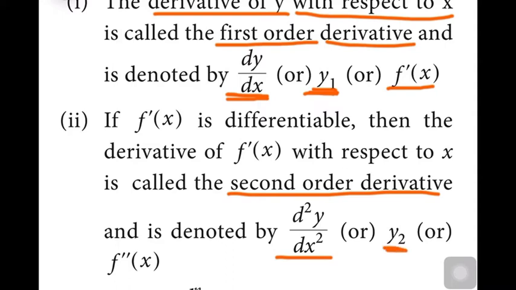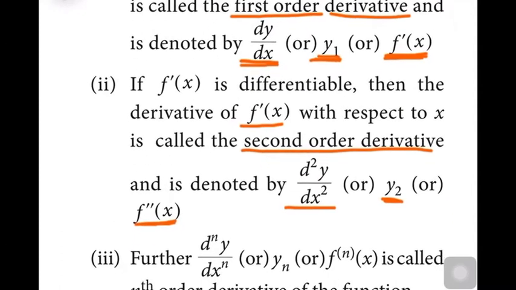So, if the first order derivative is f dash of x, the second order derivative is f double dash of x. Okay, so if f dash of x is differentiable, then we can find its second order derivative also. So, the derivative of f dash of x is called the second order derivative.